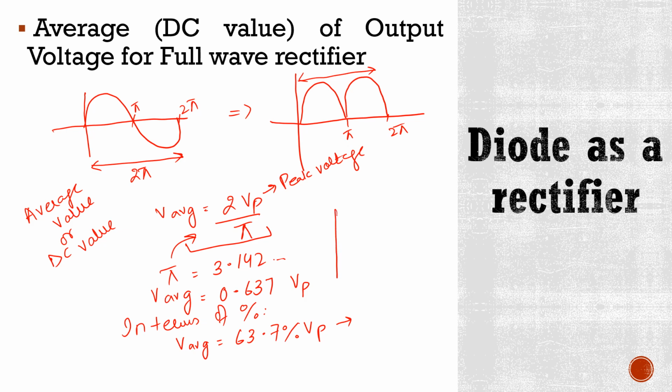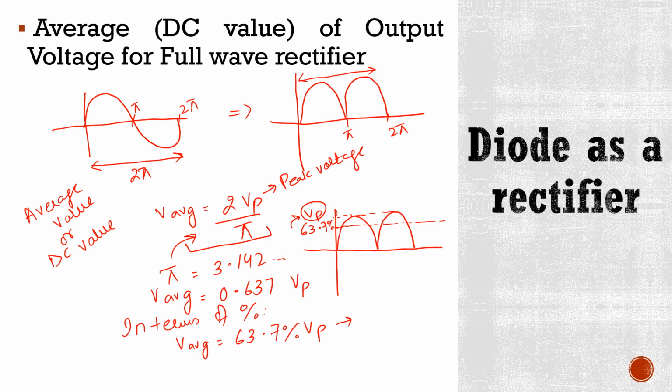It means if this is the output waveform where this is Vp, then this average or DC output value will be at a point which is 63.7% of this Vp.